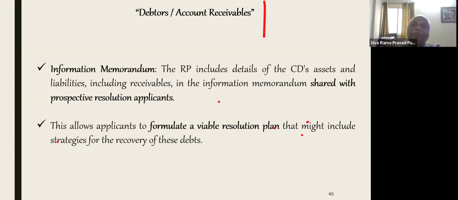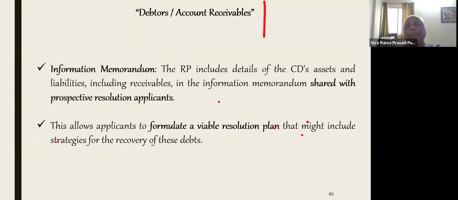While preparing the information memoranda, remember it is a marketing document. The document should be complete in all respects; even a small item we should not leave out. Everything is a cost, everything is purchased, everything is extended credit by the corporate debtor to others also.